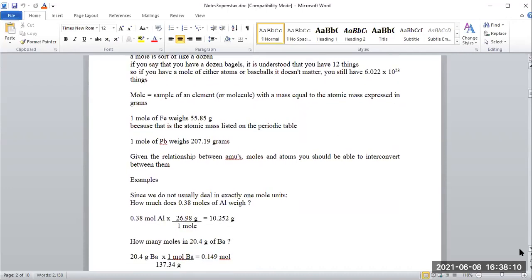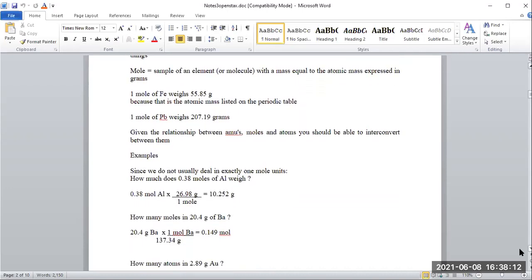You need to be able to convert back and forth between these different kinds of units. I have some examples here, and there are some more in your textbook. If I want to find out how much 0.38 moles of aluminum weighs, start with your given information.